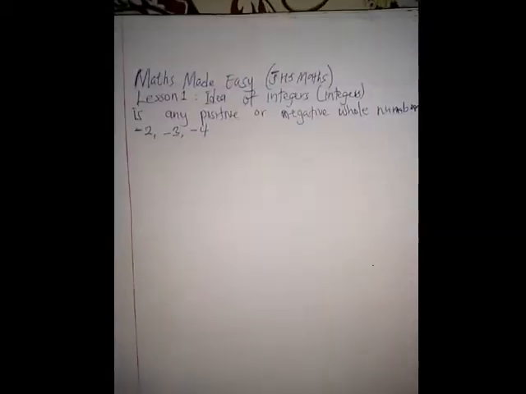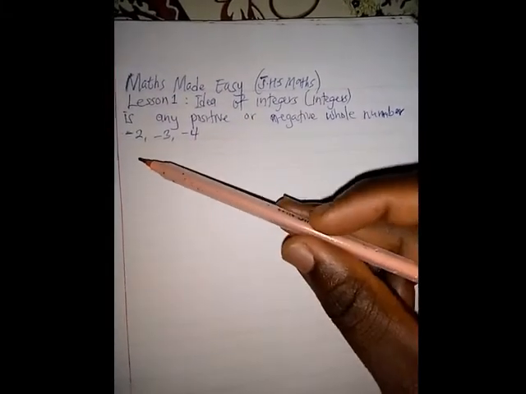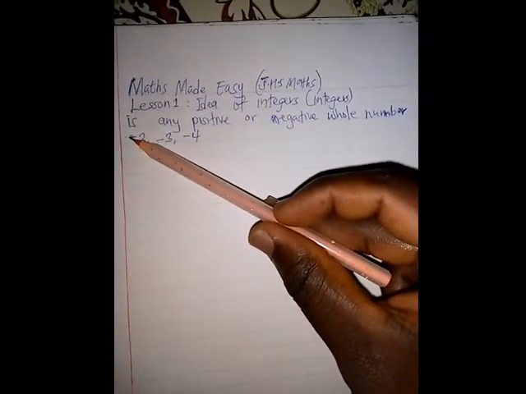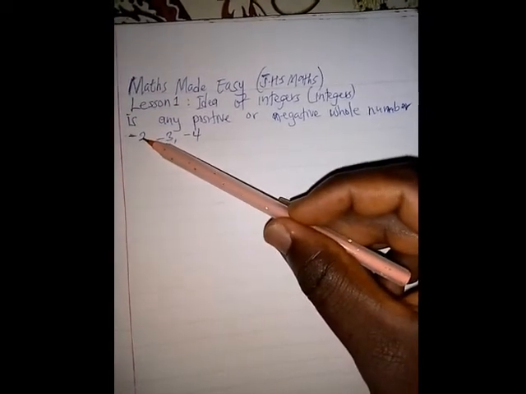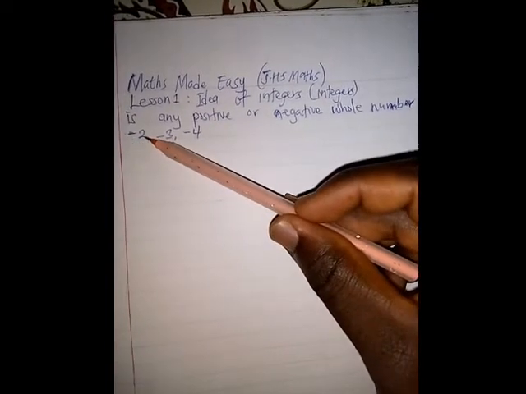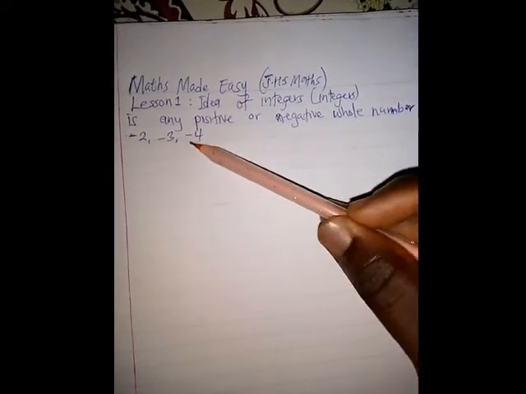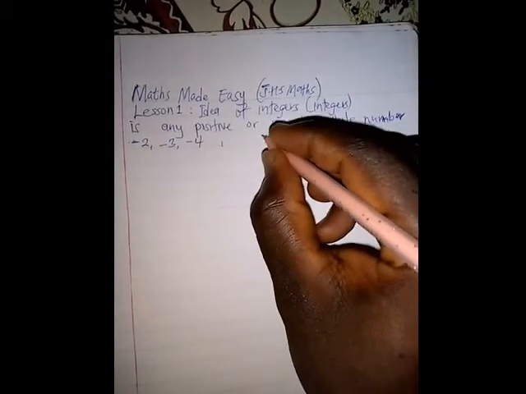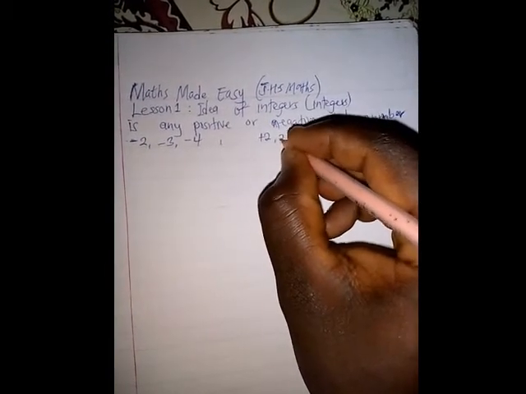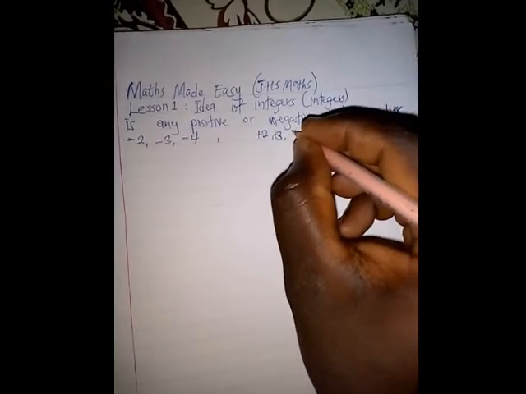You could see that the sign, which is the negative, makes this 2 a negative integer. -2, the same as -3 and -4. And you have the positives, +2, +3, +4.